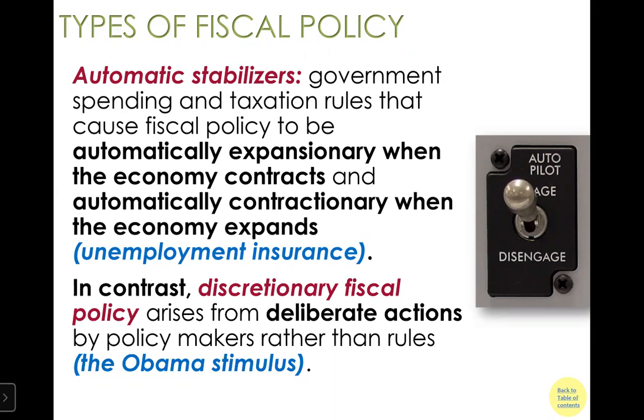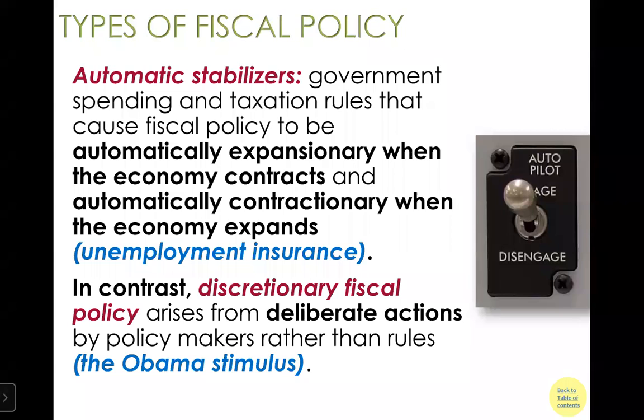Unemployment insurance. What is unemployment insurance? This is a government program that offers insurance benefits to whoever lost their job and is characterized as unemployed. Remember, if you have been unemployed for a long time and you are not actively looking for a job, you are not in the labor force, and you're not considered unemployed.